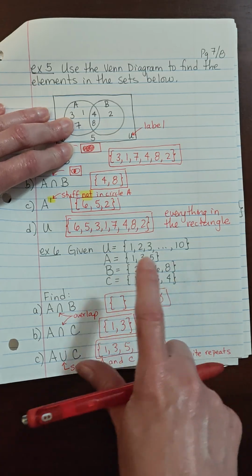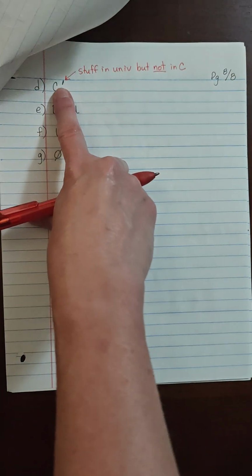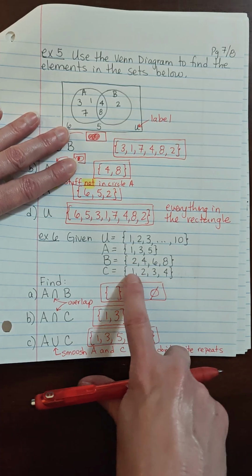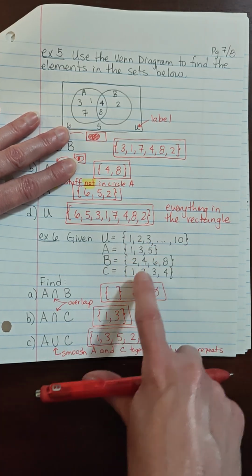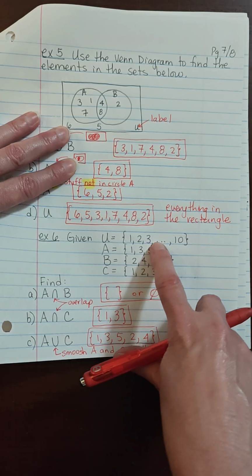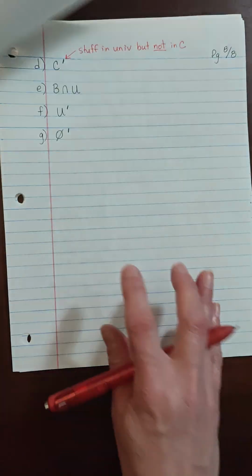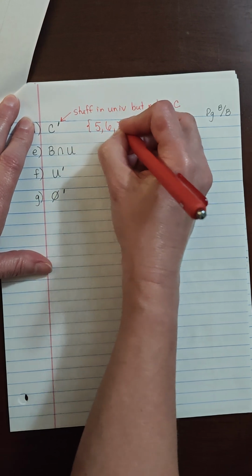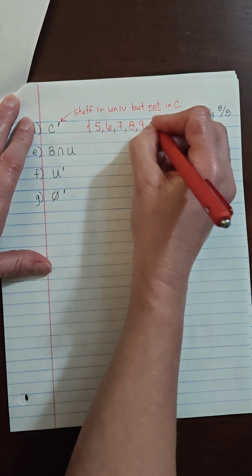So that means that C complement is the rest of this set that's not this. So instead of 1, 2, 3, 4, it's going to be 5, 6, 7, 8, 9, 10.